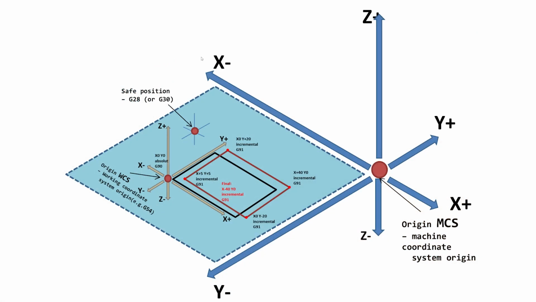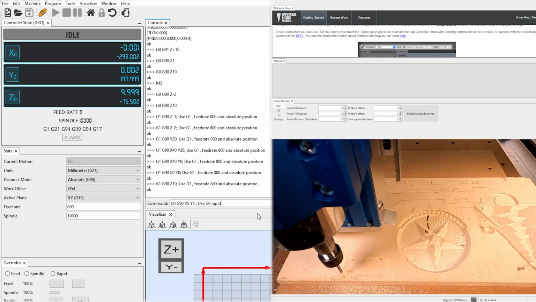After all, I can mill a second rectangle, but now we're using incremental move mode. And now let's go to a new start position.